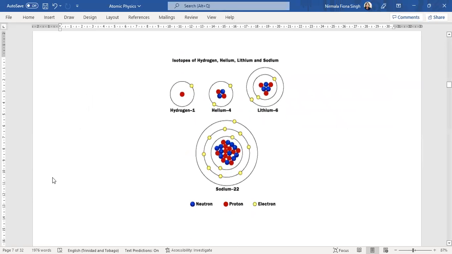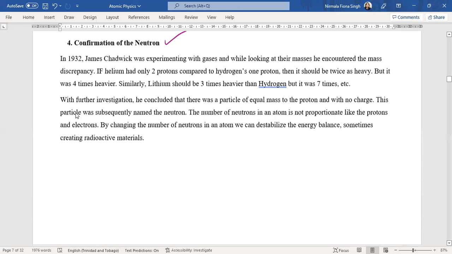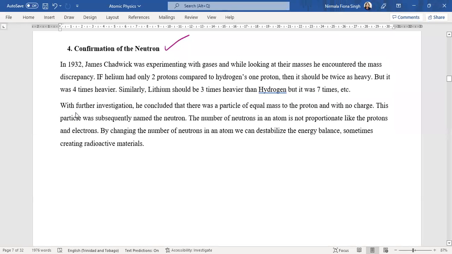Think about our periodic table. We know that hydrogen has 1 proton and 1 electron. It has no neutrons in it. So it only has a single proton in the middle, and we have an electron spinning around it.